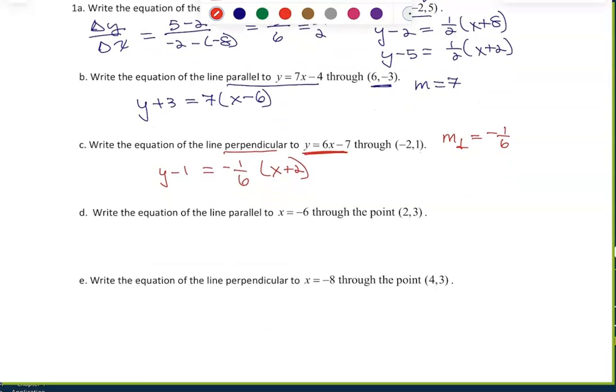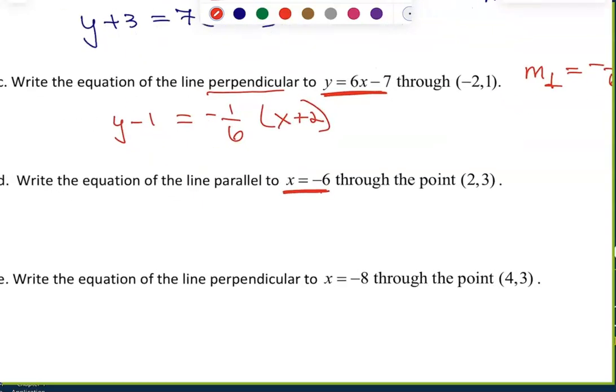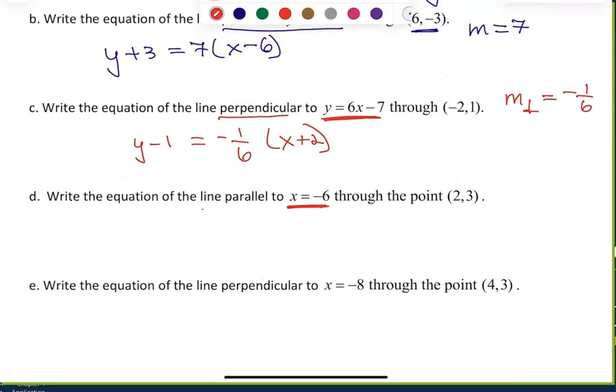Okay, write the equation of the line parallel to this. Okay, so this can be tricky. So this is what I would tell you to do. Get a sense of what line would possibly be parallel to this line that's in x equals form. So if I'm over here at negative 6, this is the line that I want. Okay, that's the line that's the guide of the parallel world.